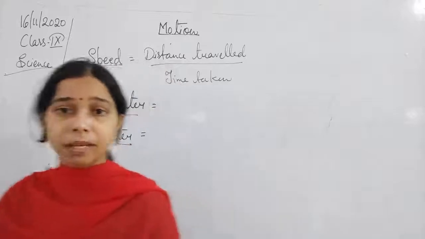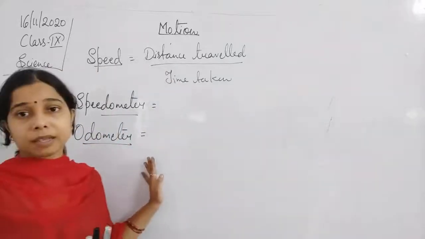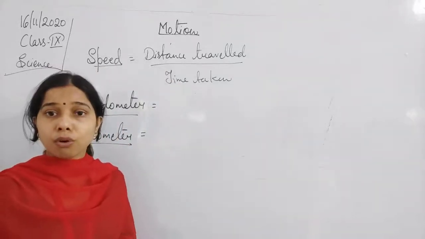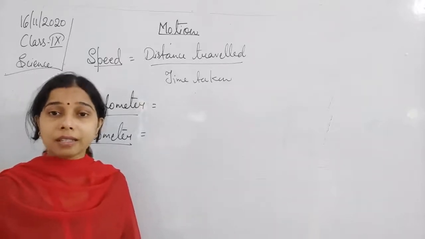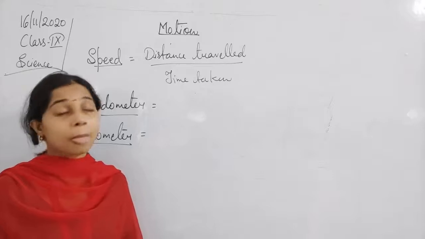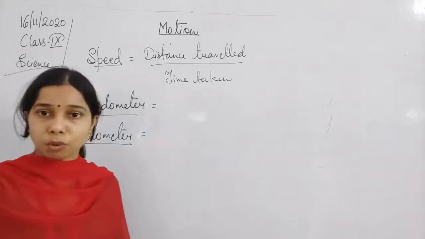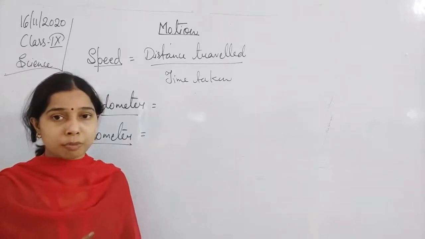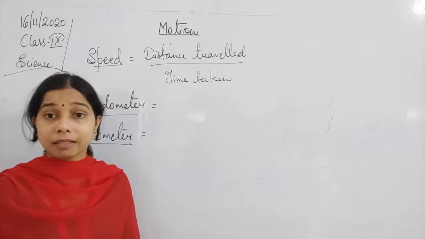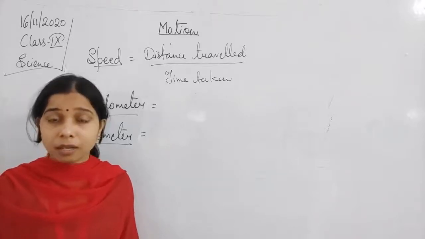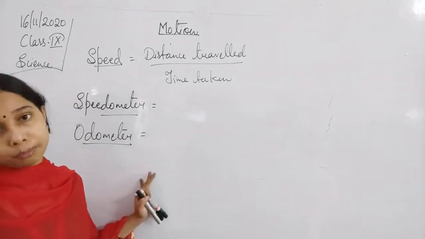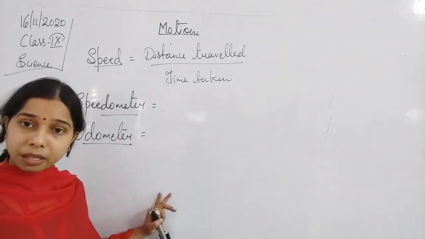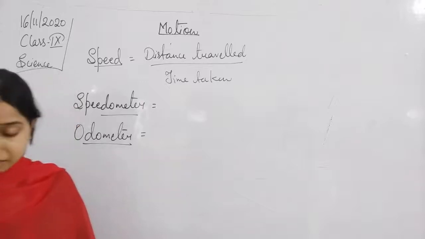The first one explains the speed. So we can say the instrument which is present in the vehicle which tells the speed of the vehicle is known as the speedometer. And one more instrument is present there, which shows the distance traveled by that particular vehicle, that is the odometer. So one explains the speed and the other explains the distance traveled.